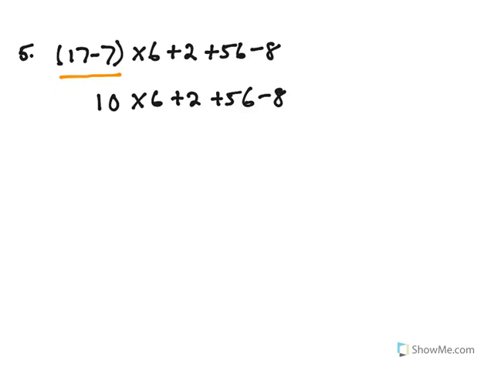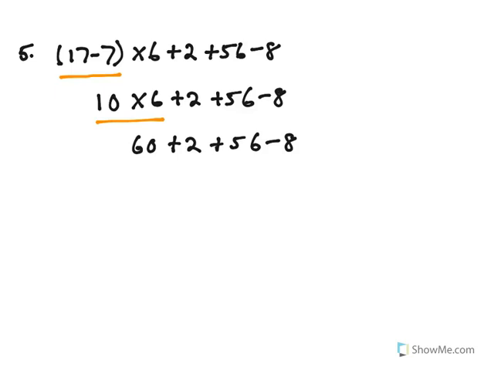And as you can see, if you read it from left to right, the 10 times 6 is going to pop up. So we're going to have to do that. 10 times 6 is 60. And now you just have addition and subtraction. So you would just clear it from left to right.